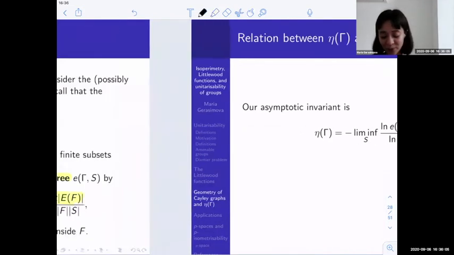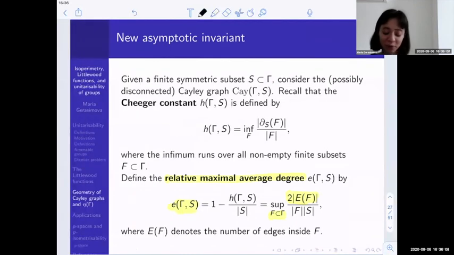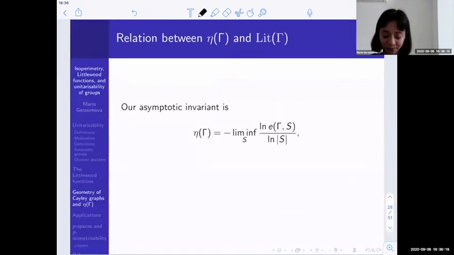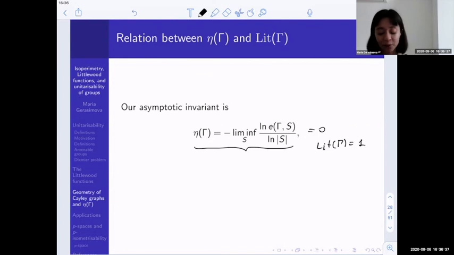For example, on amenable groups, it is well known that the Kesten constant is equal to 0, and then this relative average degree is equal to 1 actually. So this will be just 0, and the Littlewood exponent for amenable groups is equal to 1. So if you just take this as an example, maybe they satisfy some equation which really connects this invariant, which looks very strange, and the Littlewood exponent.